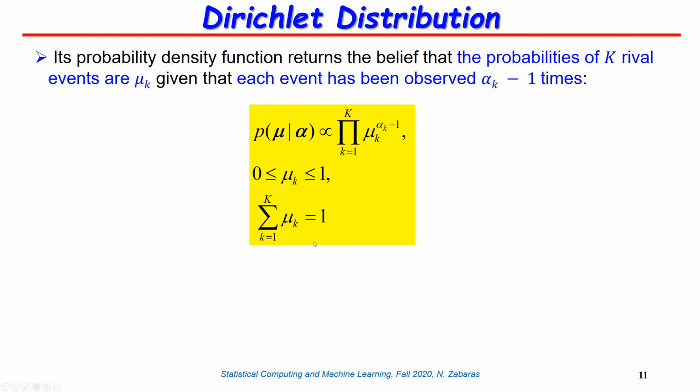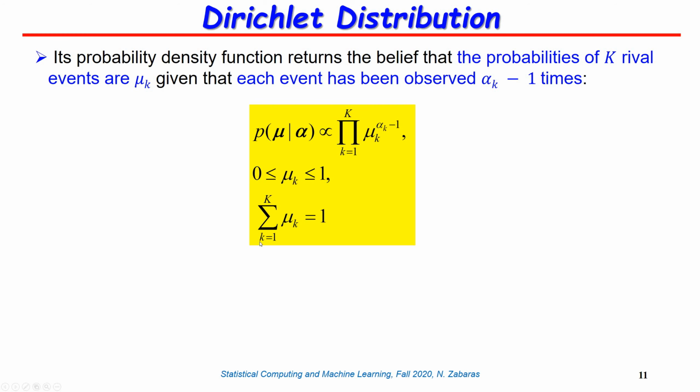When you do an experiment with this coin, each time you're going to be in one of those K states, so the sum of the probabilities of being in each state has to give you 1. So each mu k is between 0 and 1, the sum equals 1, and this is my Dirichlet distribution.